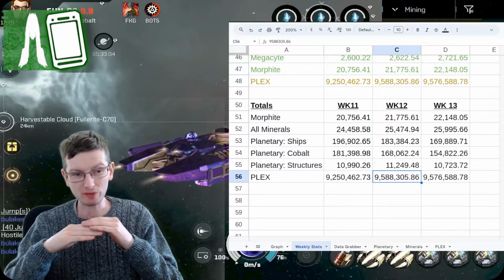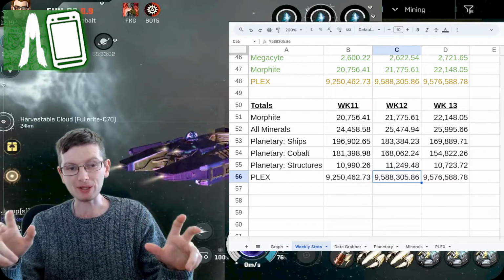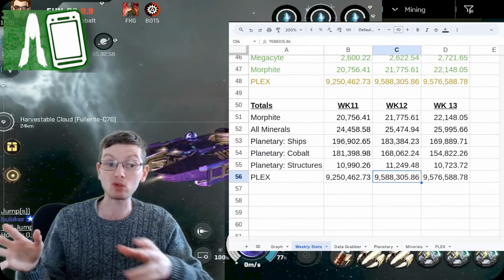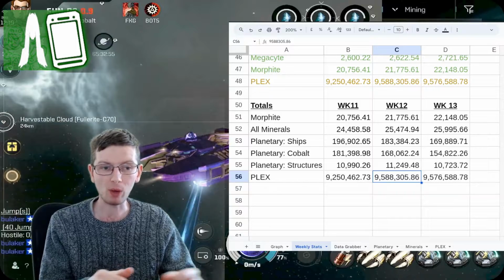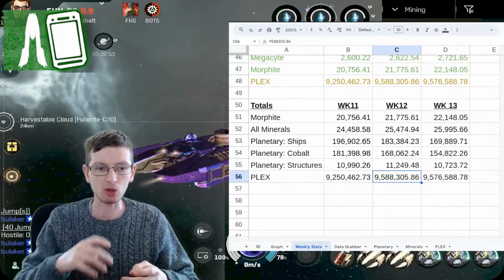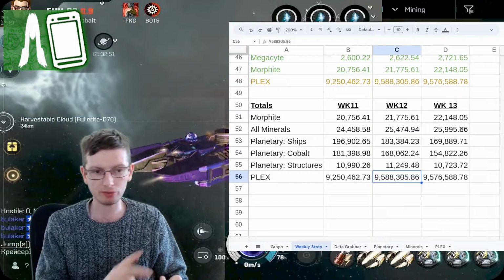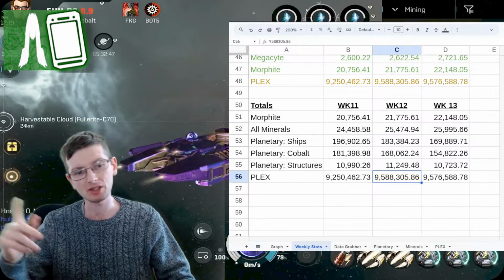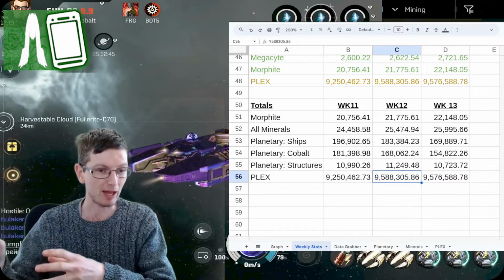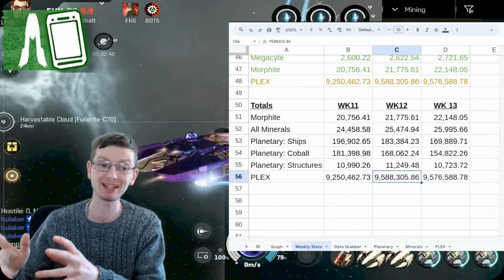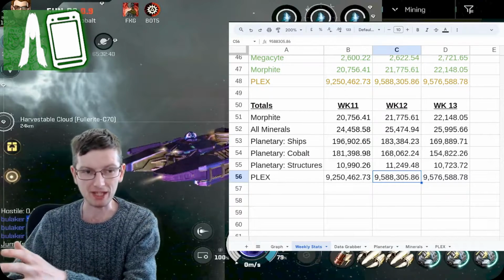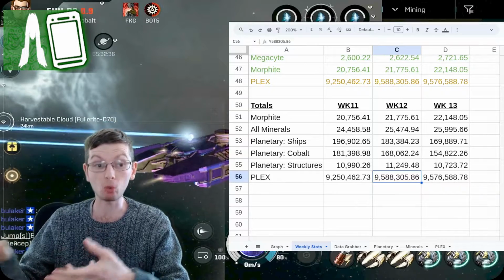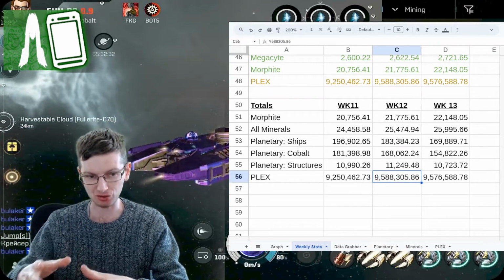Because if they just got rid of the box system, let indie players build the big new exciting ships when they're released, and let the whales buy them off the indie players, and the whales could afford them by spending those same pounds and dollars, you know, 200, 300, whatever it may be, straight into the game, into AUR, convert that into PLEX, convert that PLEX on the market to ISK, and then buy it off of the indie player. You'd then have, let's say, $300 worth per whale of extra PLEX injected onto the market.